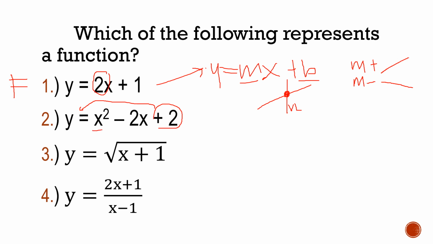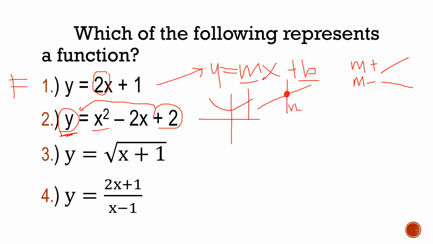Since this is x squared, and this is a positive value of y, if this is your y and x axis, your parabola opens upward if this is a positive y. If this is a negative y, then your parabola opens downward. So in this case, your parabola opens upward.